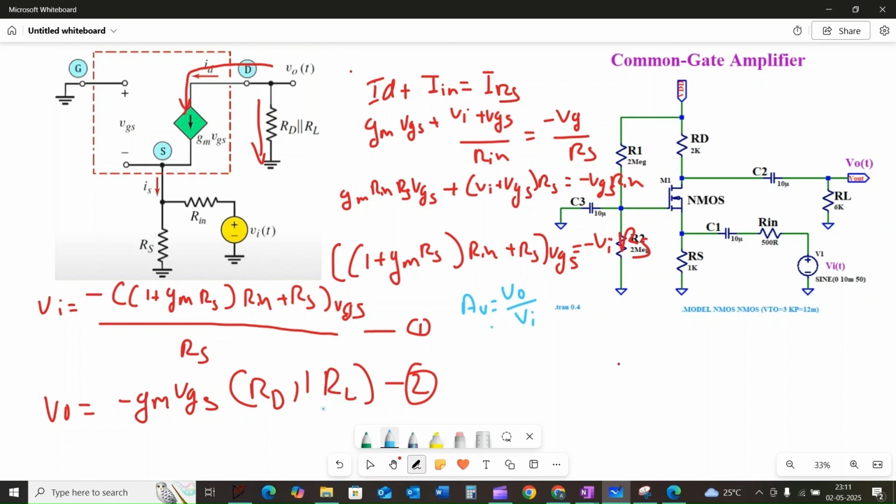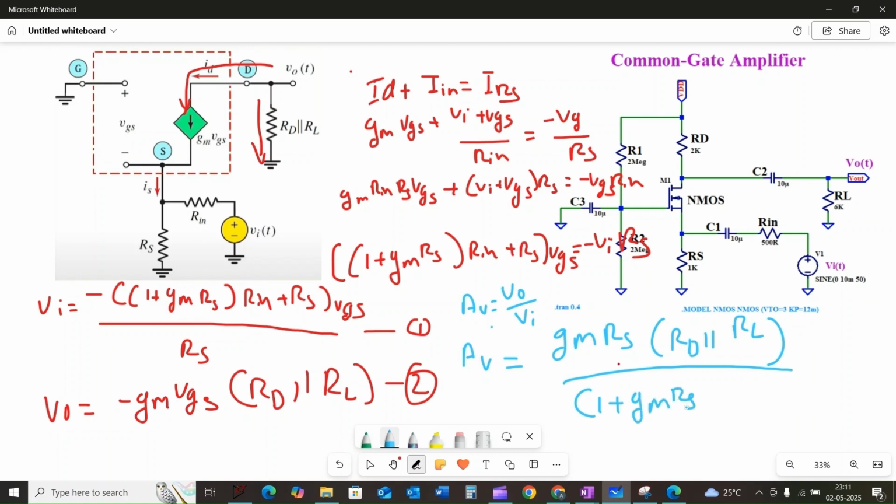When we substitute equation 1 and equation 2 into this gain, AV is equal to Gm into Rs into Rd parallel to RL divided by 1 plus Gm into Rs into Rin plus Rs.